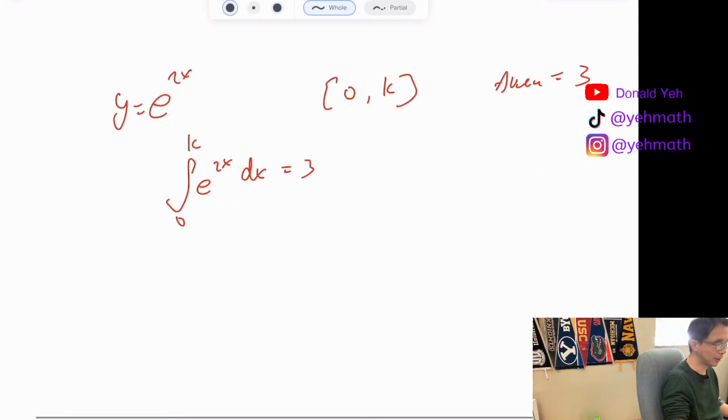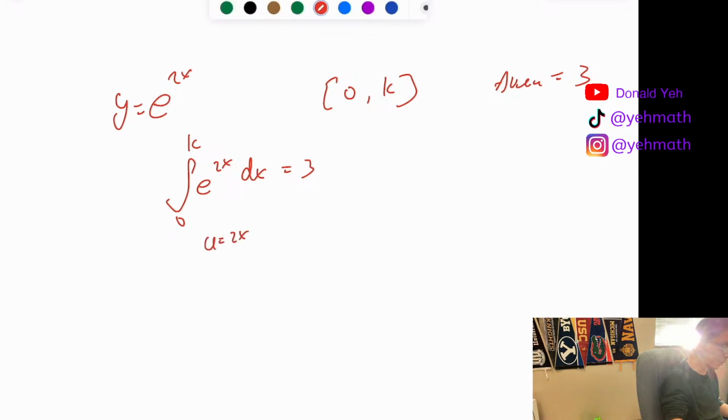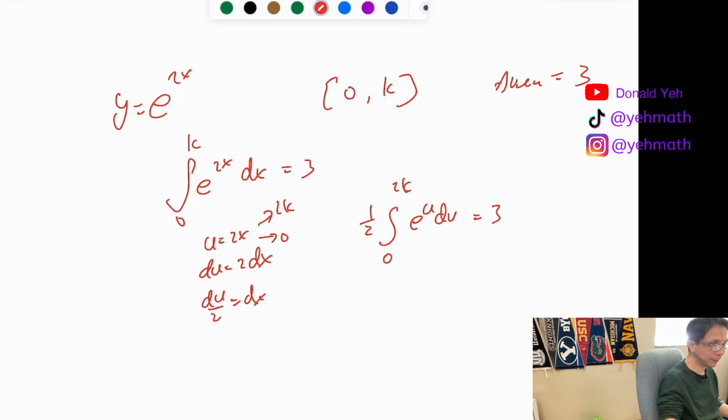Turns out, I can say u equal to 2x. That's why we put it on the homework, because we didn't know how to take integration. And du over 2 equals dx. So that's going to be e to the u du, and this is half, from 0 to 2k, because I'm multiplying k by 2. It's equal to 3. Obviously, I can multiply 2 on both sides, so it'll be e to the 2k minus e to the 0 is equal to 6.